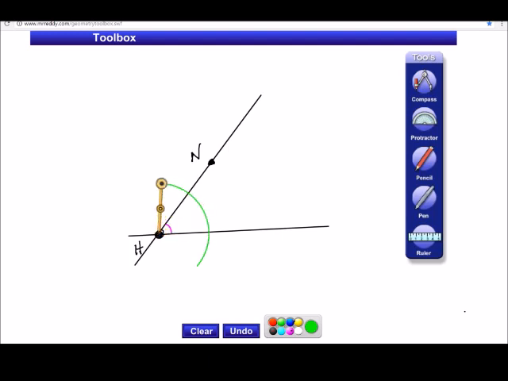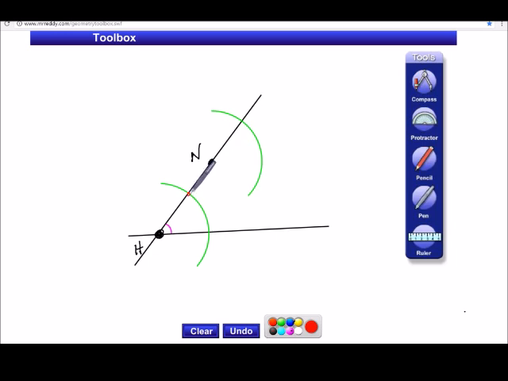Because we're measuring our angle. And then when you are copying an angle, constructing a congruent angle, you simply repeat the steps on the ray that you drew. So there we go. I did that. Now don't forget, constructing an angle is the one where we change our compass setting.